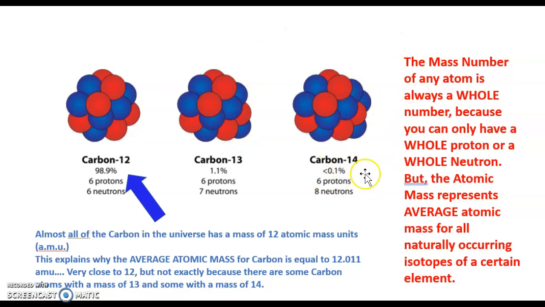Carbon-14 is that one that I mentioned to you that is often used in radioactive dating of fossils because carbon is an element found in every single living thing. And there is always a percentage of radioactive carbon in those living things.